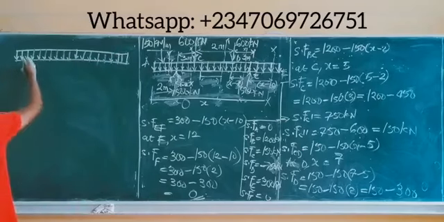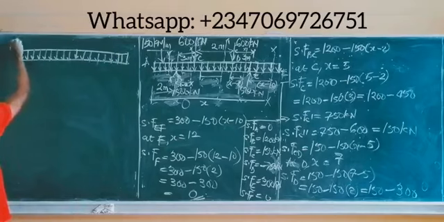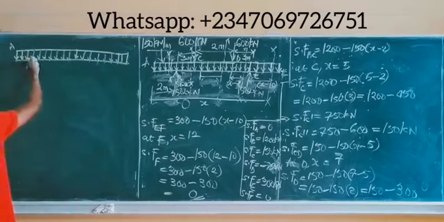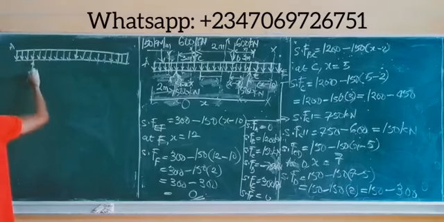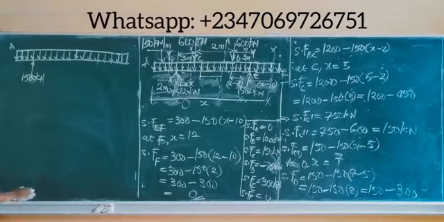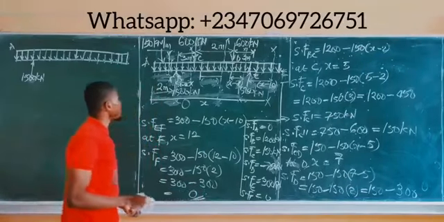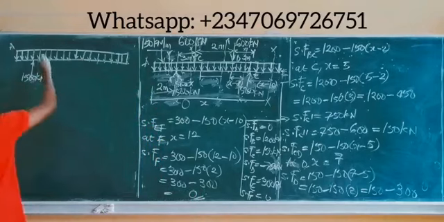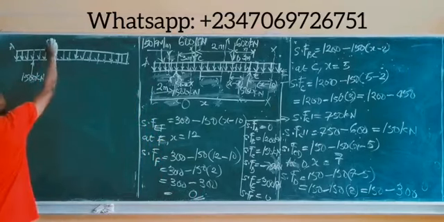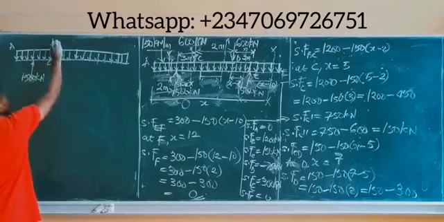This is point A, we obtain the reaction at point B, and the value is simply 1,500 kilonewtons. And also at point C, we have a 600 kilonewtons force.